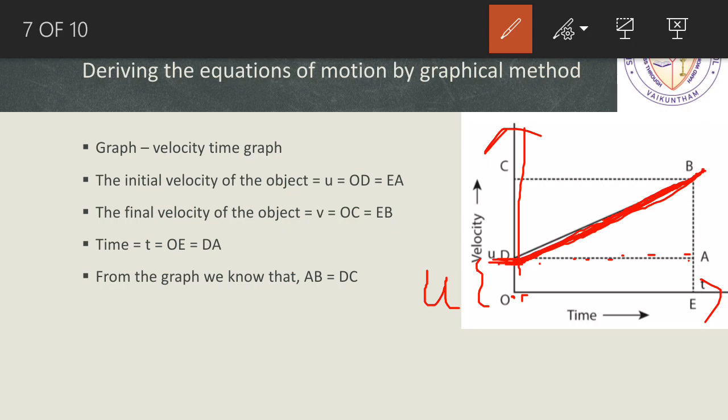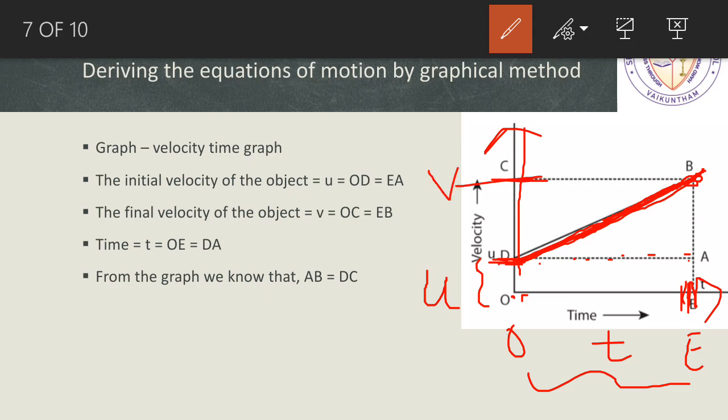So at time t, at some point here, that is O to E, the velocity has increased up to here.